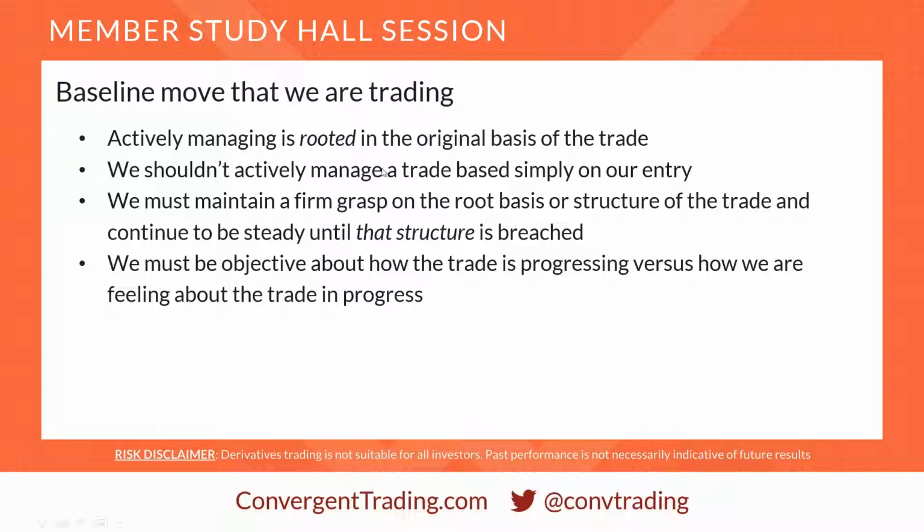So the goal is to really stay rooted in the basis of the trade versus my entry. Let me know if you don't understand what distinction I'm making there. I don't want to lose you in the process, but you might be getting lost in this.